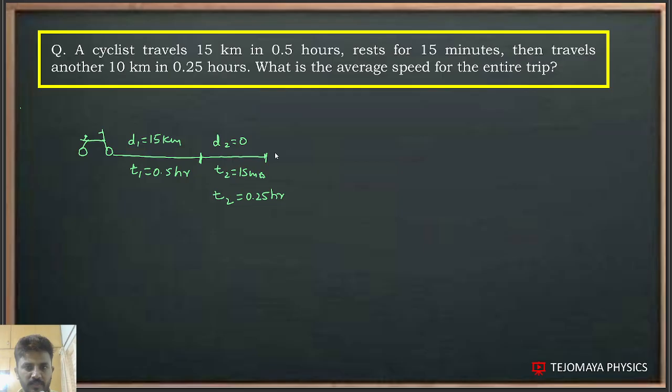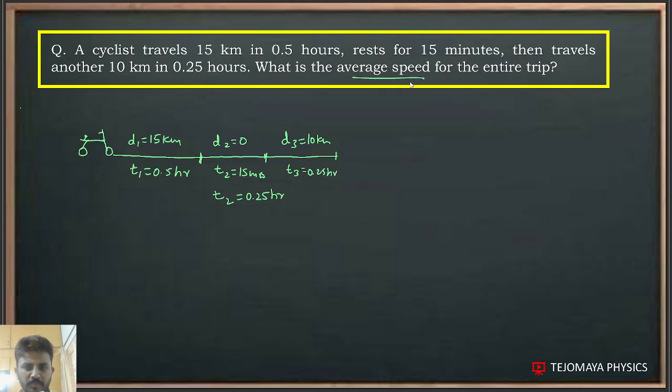Correct, no? Next, then travels 10 kilometer in 0.25 hours. Next 10 kilometers, that is d3, 10 kilometer in time t3, which is equal to 0.25 hours.